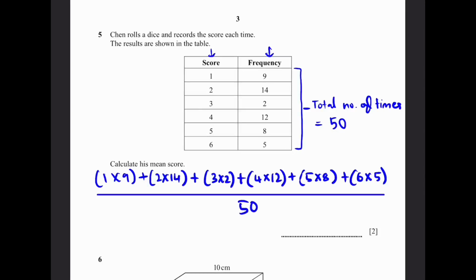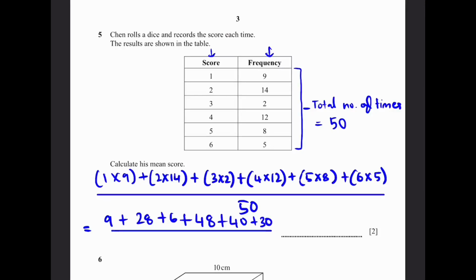So we need to find the mean, which is equal to 9 plus 28 plus 6 plus 48 plus 40 plus 30 by 50, which is equal to, when you add these all up, it will become 161 by 50. This is equal to 3.22. So that's his mean score.